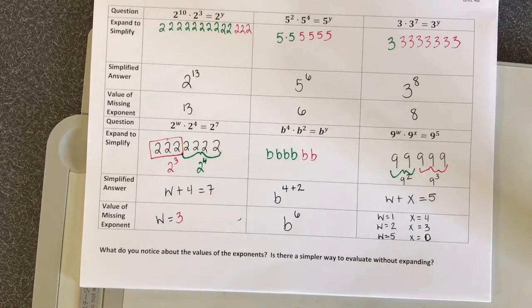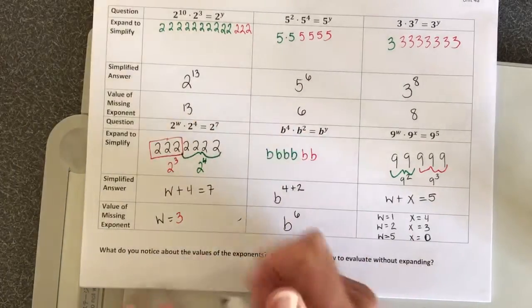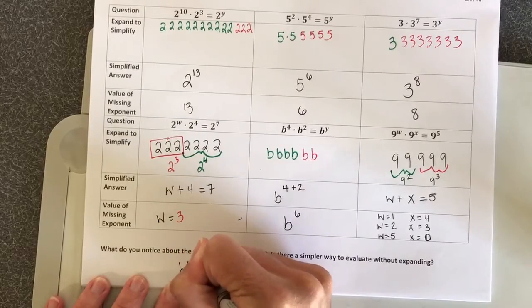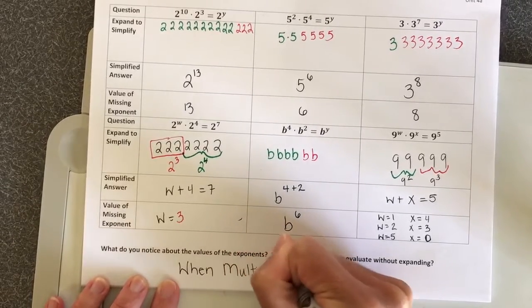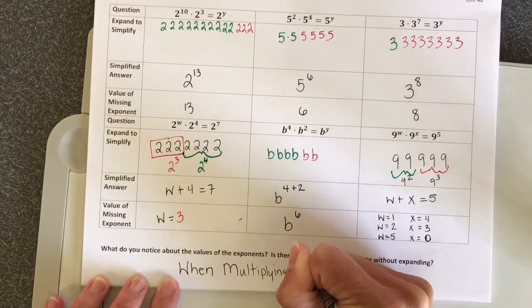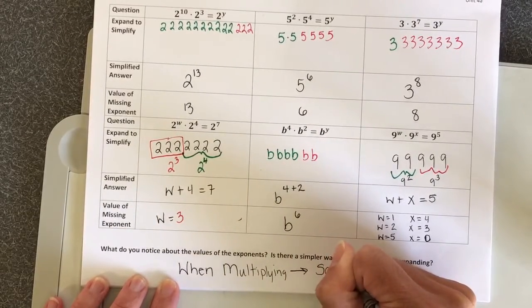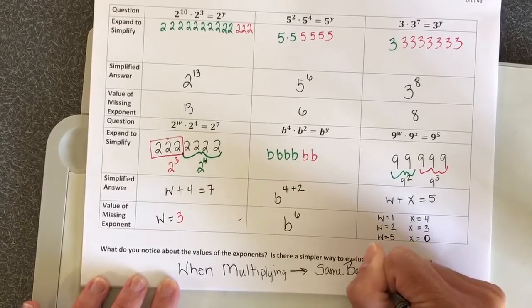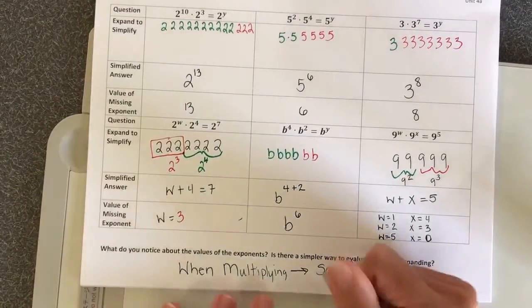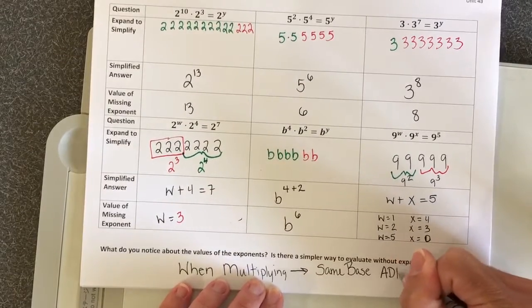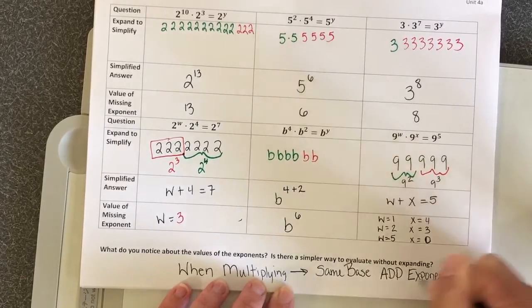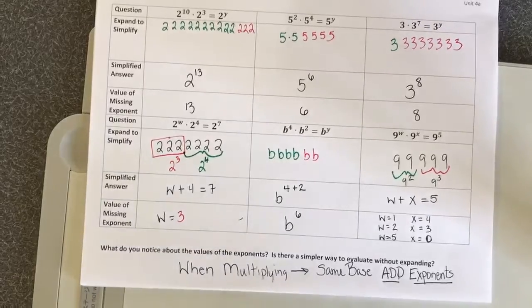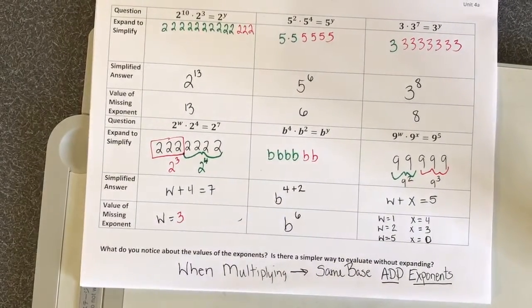So whenever I'm multiplying exponents, as long as I have the same base, without having to expand them out, I can add my exponents. So when multiplying, if you have the same base, add your exponents.